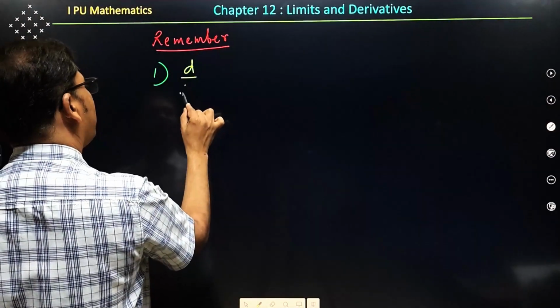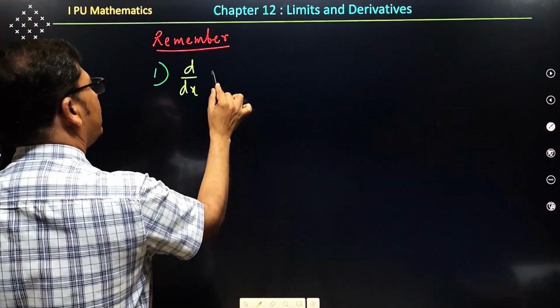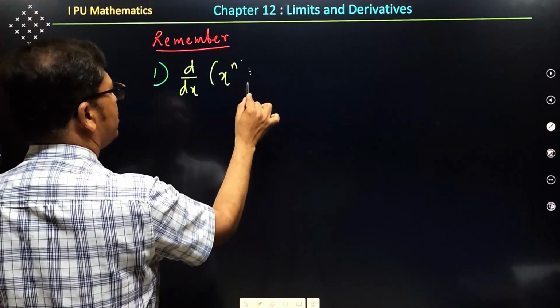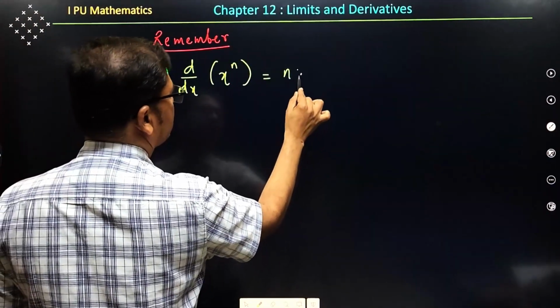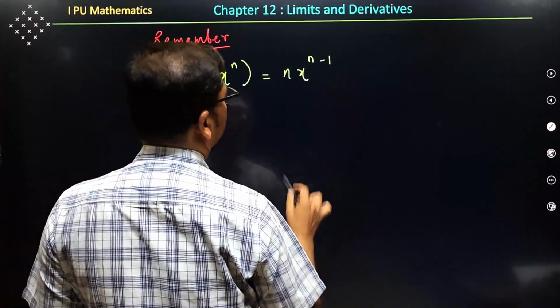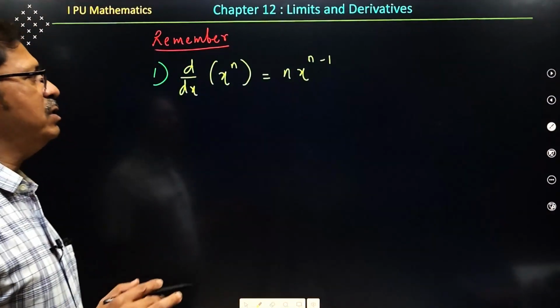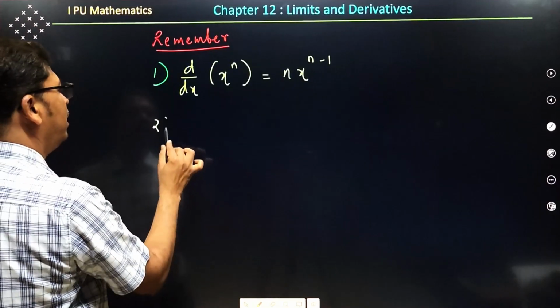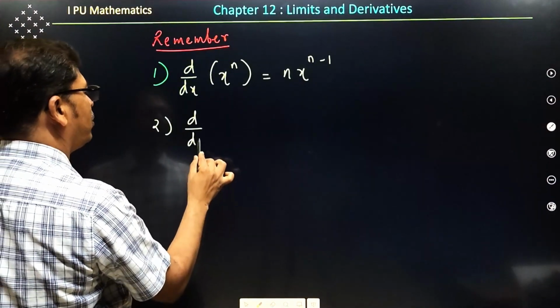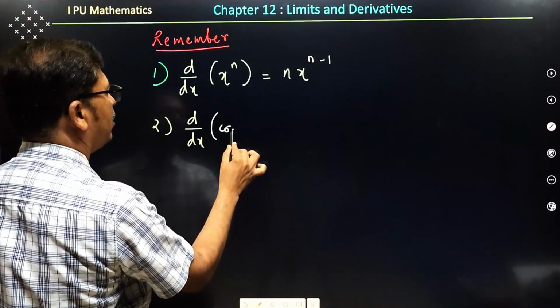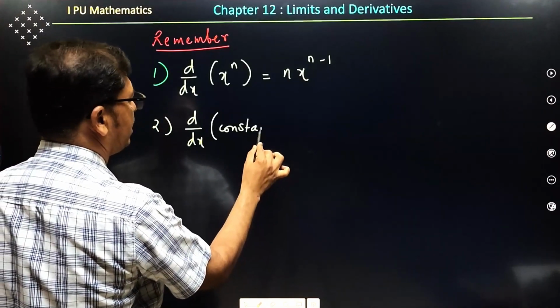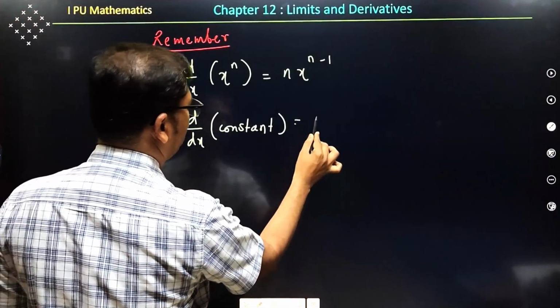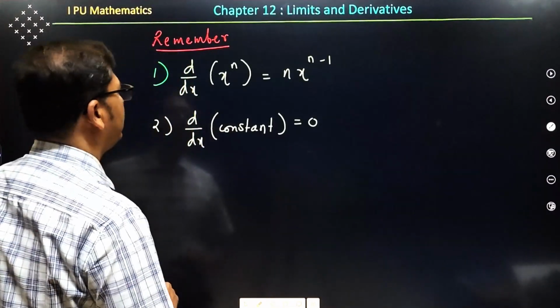D by dx of x raised to n is equal to n into x raised to n minus 1, which you have proved. Secondly, d by dx of a constant k is always equal to 0. This is also proved.